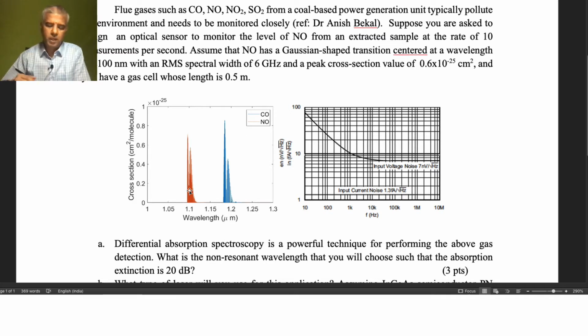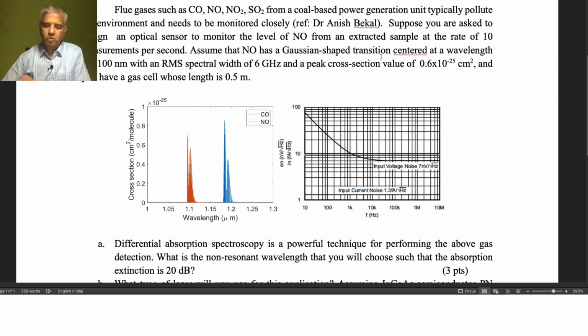So essentially we've been asked to assume that you can pick one of those transitions for absorption spectroscopy, and you can assume that the transition is a Gaussian shaped transition centered at a wavelength of 1100 nanometers with a spectral width of about 6 gigahertz and a peak transition cross section value of 0.6 times 10 to the power minus 25 centimeter square.